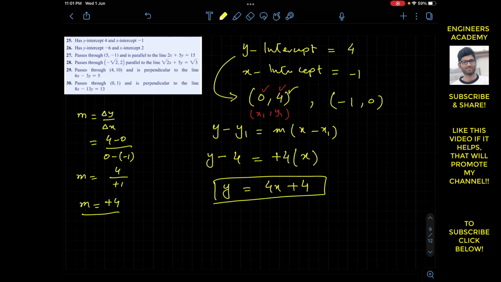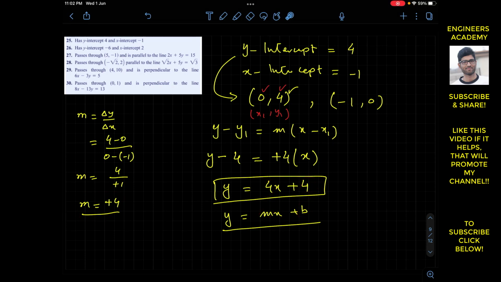Now if we compare this equation with the standard equation y equals mx plus b, the slope-intercept form of the straight line equation, the slope is 4 and the y-intercept is 4.